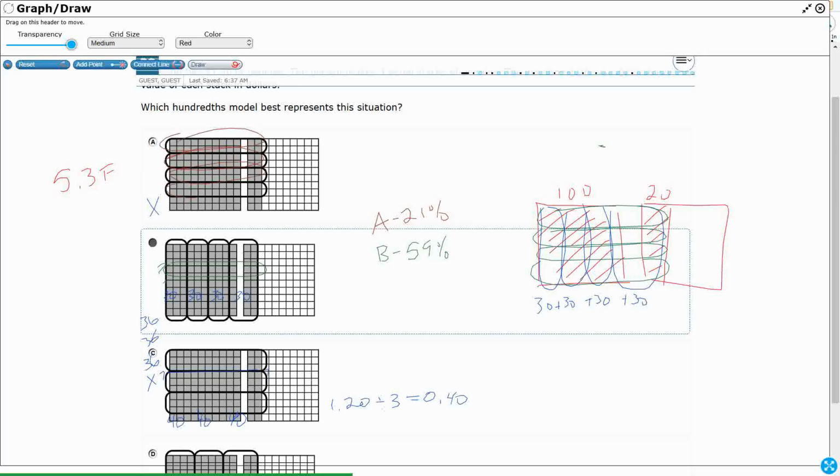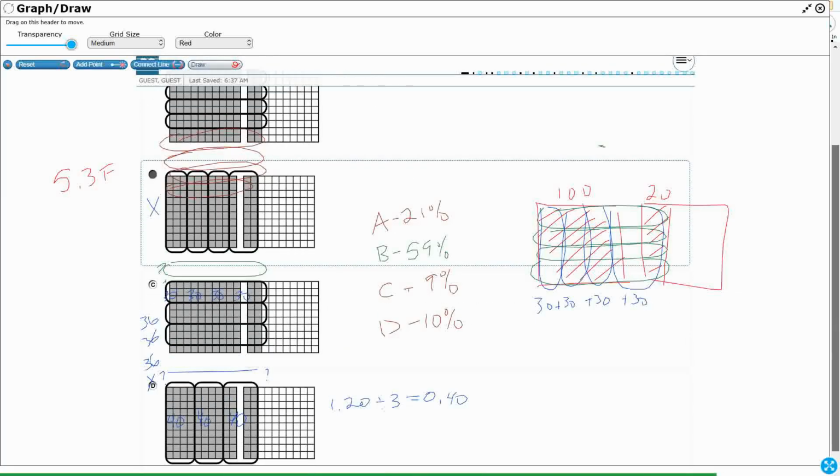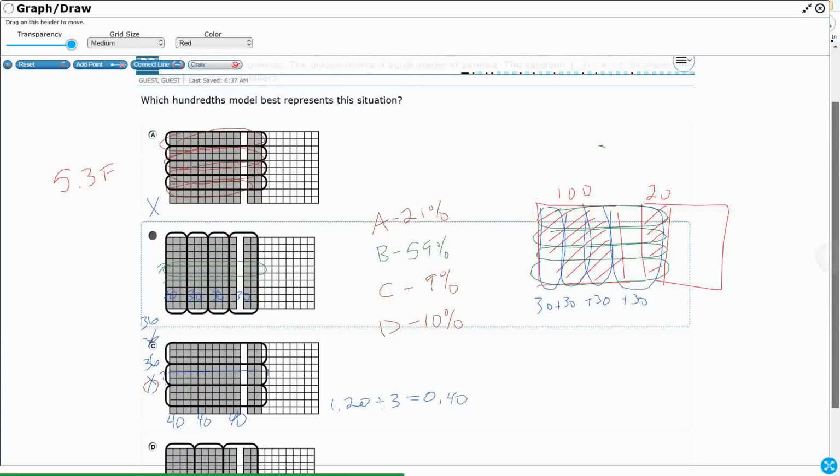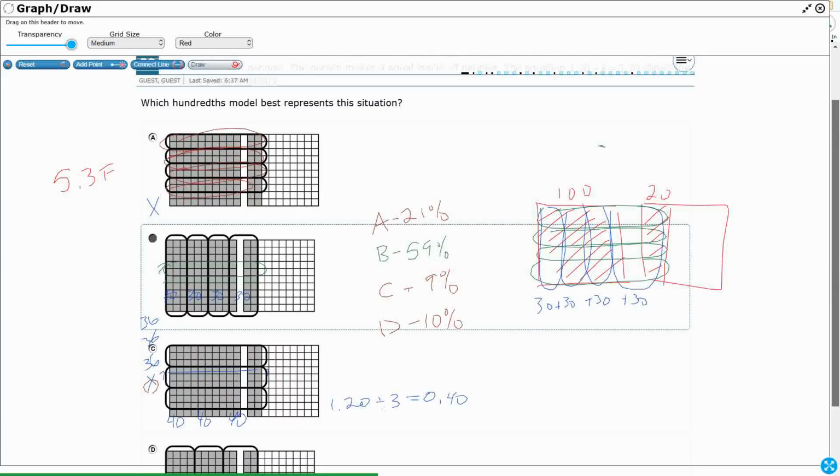They just ignored that bottom section for whatever reason. We only had 9% choose C and only 10% choose D. So I didn't really see as many students choose that D as I thought we might have. It really was that A that kind of messed us up for whatever reason. They got the four groups and they just completely ignored that final group.